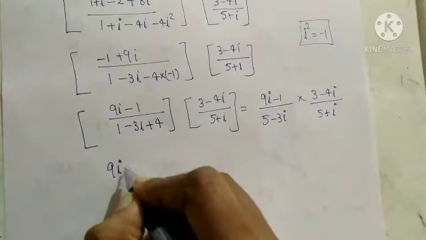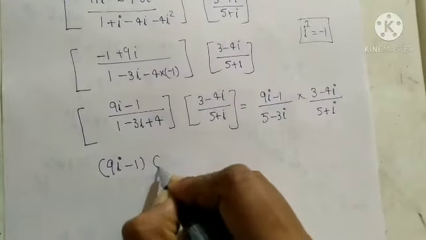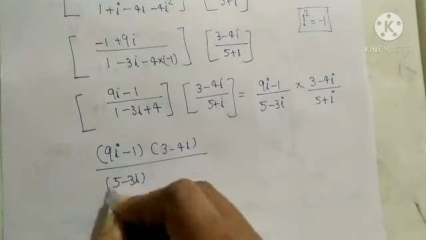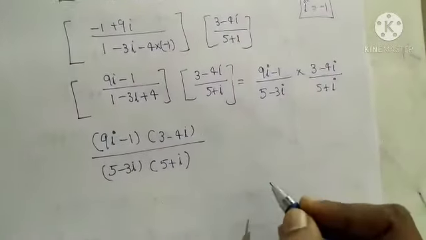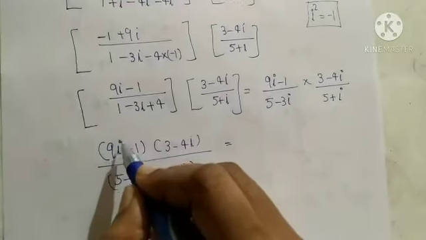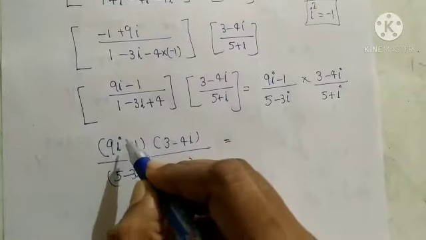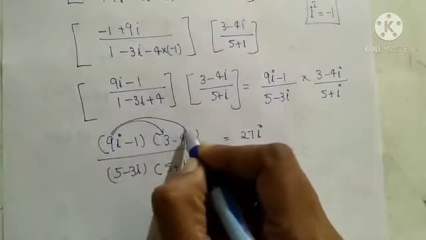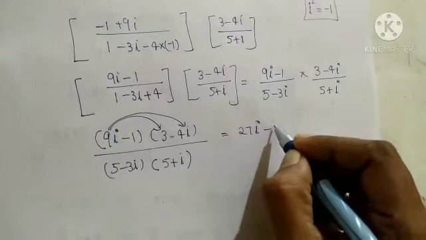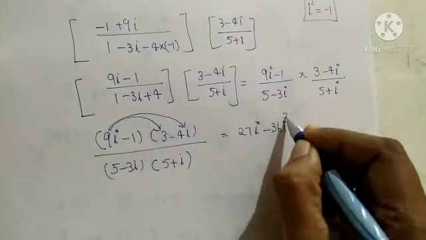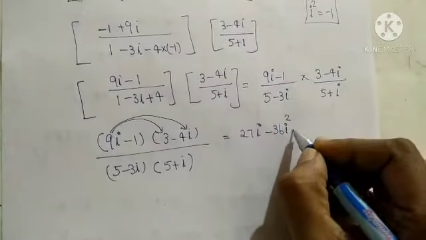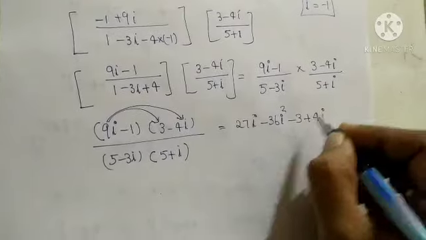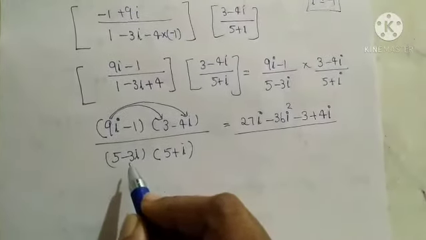So this can also be written as 9i minus 1 into 3 minus 4i whole divided by 5 minus 3i into 5 plus i. In the numerator, after multiplication it will become 9i into 3 will become 27i, 9i into minus 4i will become minus 36i square, minus 1 into 3 becomes minus 3, minus 1 into minus 4i will become plus 4i, whole divided by, and here also multiply these two complex numbers.